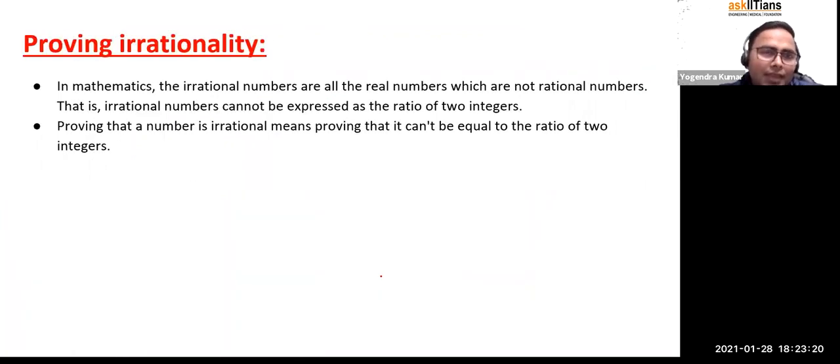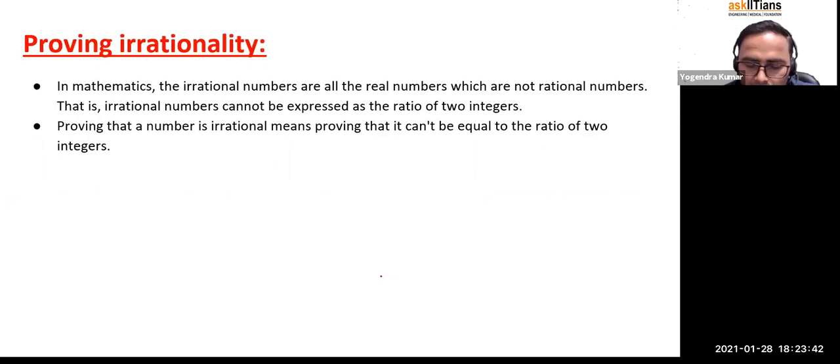Now we have next proving irrationality of an irrational number, obviously, right? So how do we prove that it is an irrational number? Suppose I say a simple question: root 2 is an irrational number, prove it. Now we need to recall the definition of rational numbers.